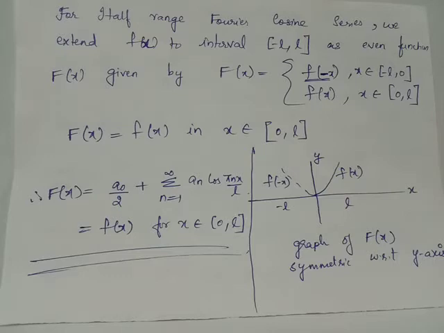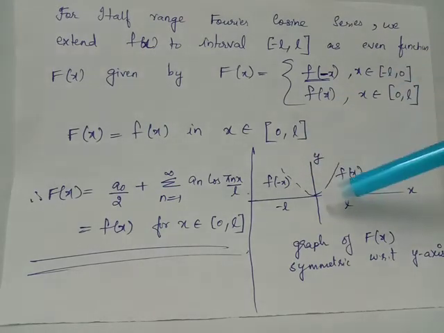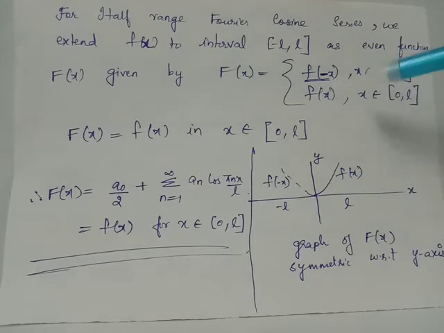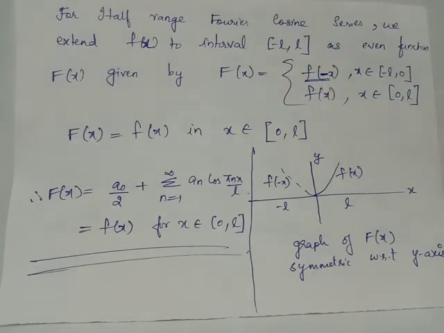Then we will have capital F of x equals f of x itself for the range 0 to L, and we have extended it in the interval minus L to L such that this function will satisfy even function property. Therefore, this branch will be symmetric to this branch, that is, in the range minus L to 0, capital F of x equals f of small x.